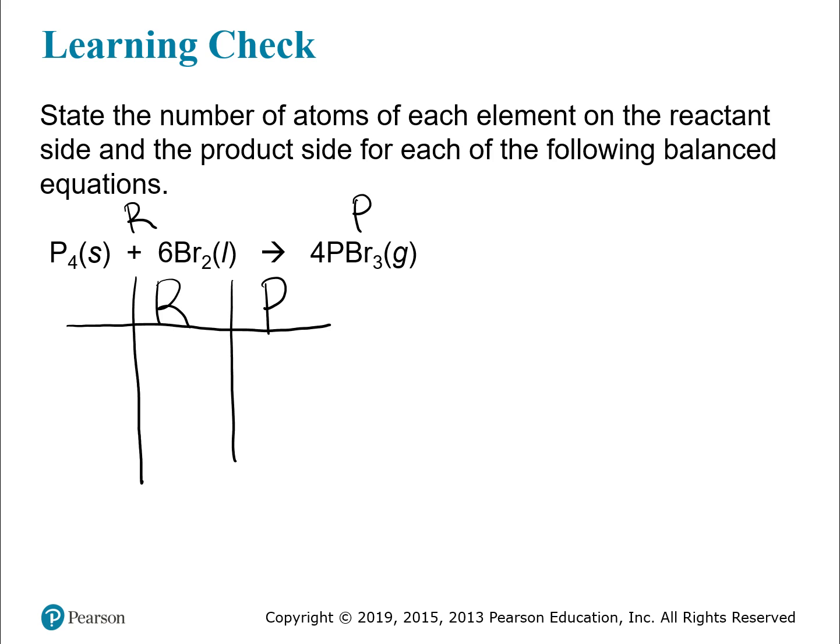I'm going to write out each element that I see. I see phosphorus and I see bromine. Notice that I'm not writing Br2 or PBr3. Those are compounds. We're trying to keep track of each element and count the number of atoms of each element. On the reactant side, we've got phosphorus and there's this subscript here, which means that I have 4 of them.